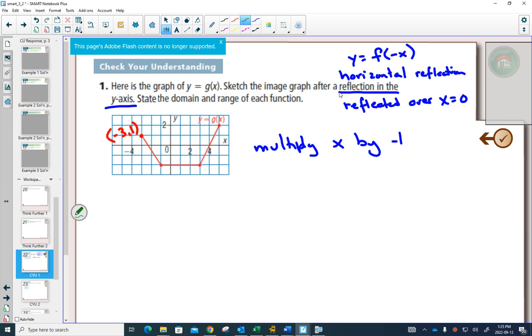So my new point is going to be at positive 3, 1. This point down here, if it got flipped over, would be over here. 3, 0 would go to negative 3, 0. Negative 3, negative 2 would flip over to 3, negative 2. And 5, 2 would now be at negative 5, 2. Drawing and connecting the dots.